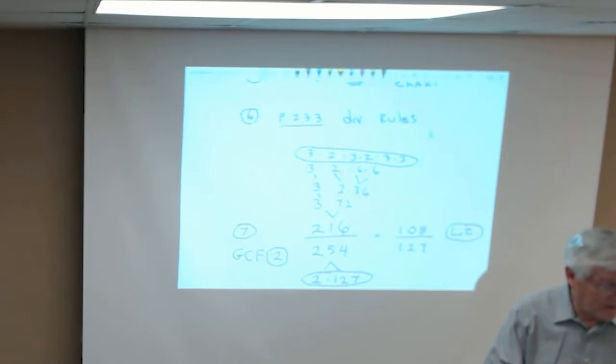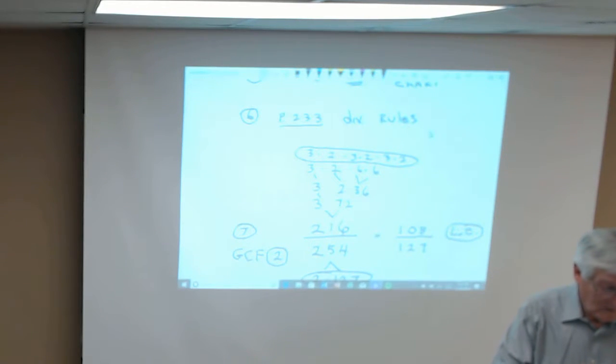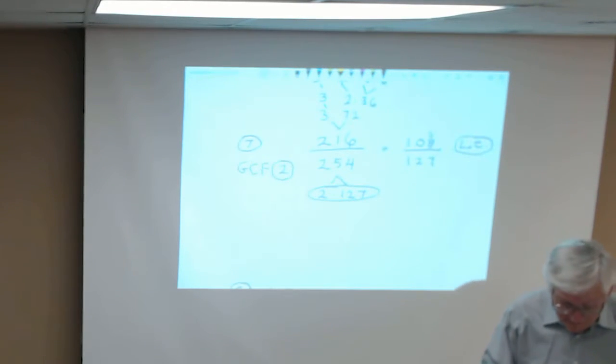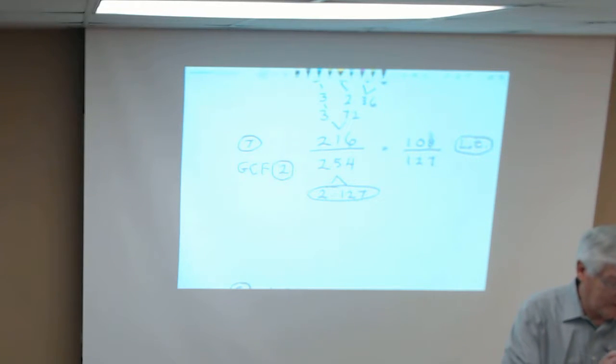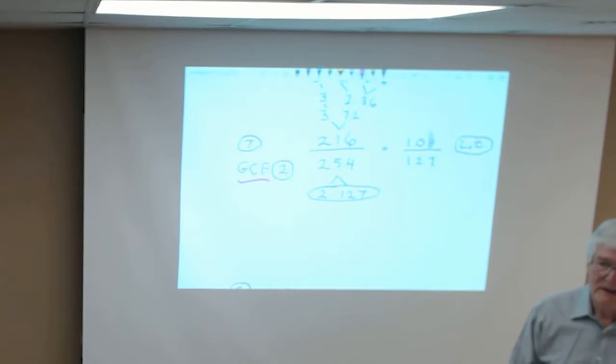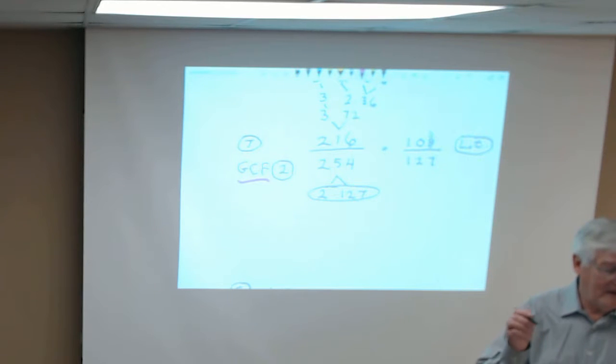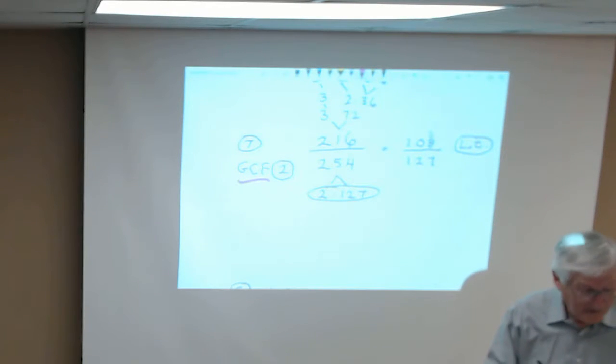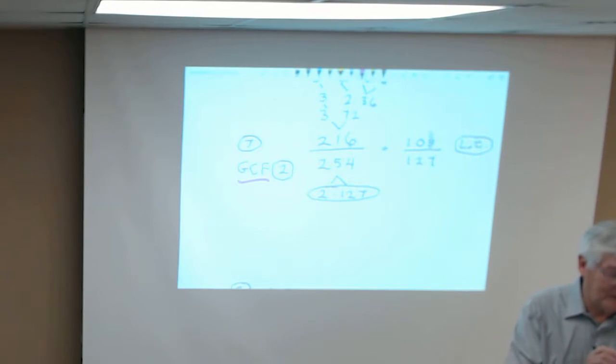Okay, number 7. What does number 7 want me to do? Find the GCF. You know what GCF means, don't you? Greatest common factor. Okay, how do I find factors? Let's factor 254 first. I factored into 2 and 127.